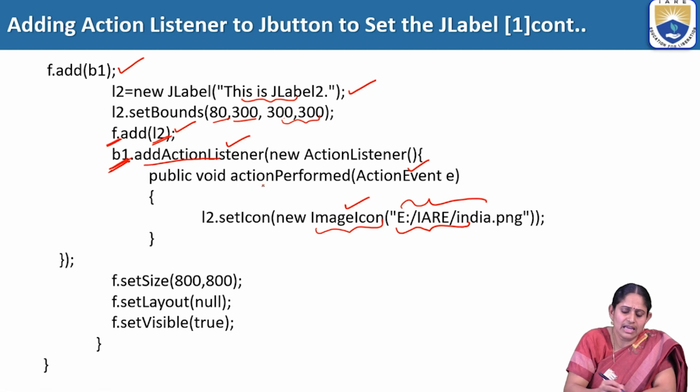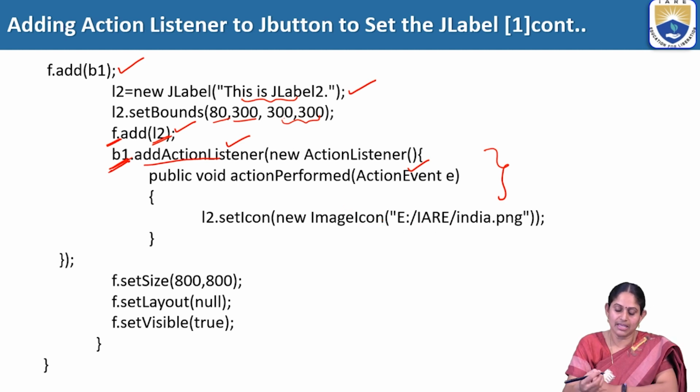So what are we doing inside that? When that button is clicked, it has to place an image specified by this particular URL onto that label.